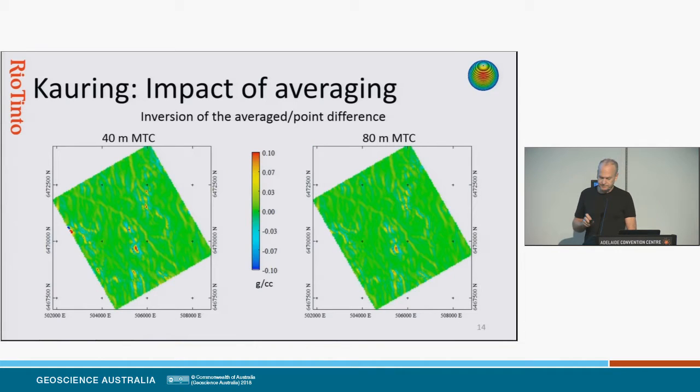So the VKA is the one that we're particularly interested in because that's the system that Rio Tinto is going to be flying. So the question is, what impact does the terrain correction have on our geological interpretation of the data that's delivered?